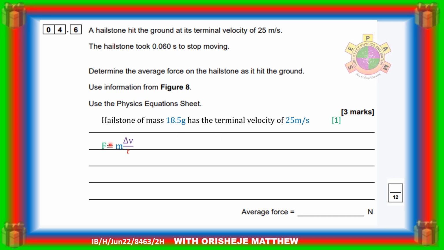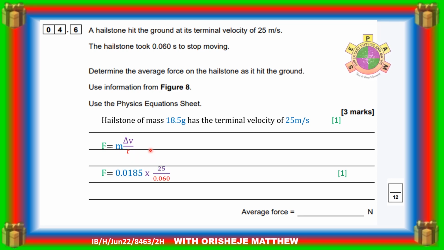From Newton's law, change in momentum divided by time is equal to the force of impact. We know the mass of the hailstone, we know the terminal velocity, so divide it by the time.